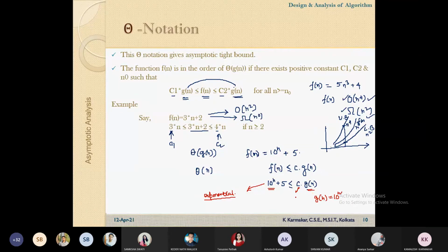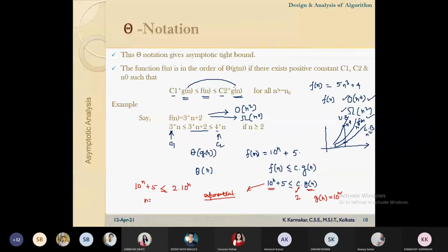So on the right hand side, if I say c equals 2, just putting the closest value, then 10 to the power n plus 5 is less than or equal to 2 into 10 to the power n.